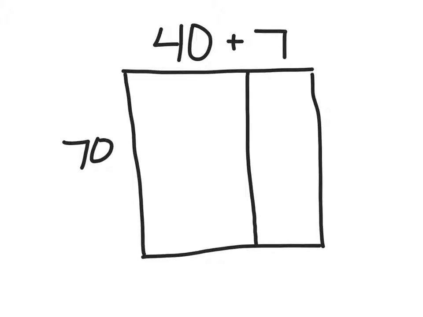Now we will do another practice. This one has the array model already set up for us. So can you tell me what this area right here represents and what this area right here represents? You can go ahead and write it down on a notepad or a whiteboard.